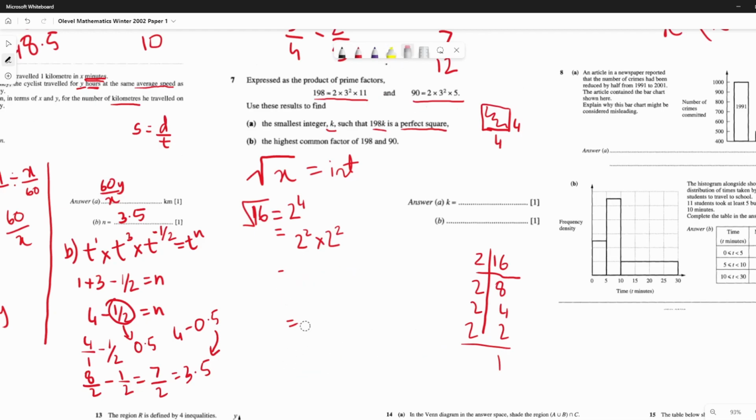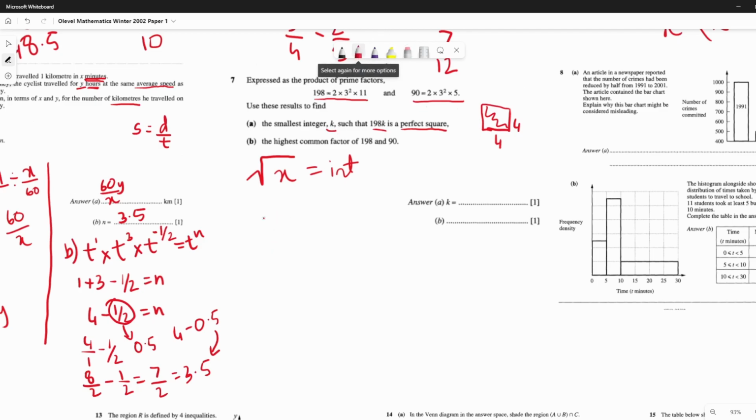So knowing all of that, how do we make it so that these numbers, 2 into 3 squared into 11, if we take the square root of this, we get an integer? Currently, we would get 3 into whatever the square root of 2 would be, 1.4, and whatever the square root of 11 would be, which would definitely not be an integer.